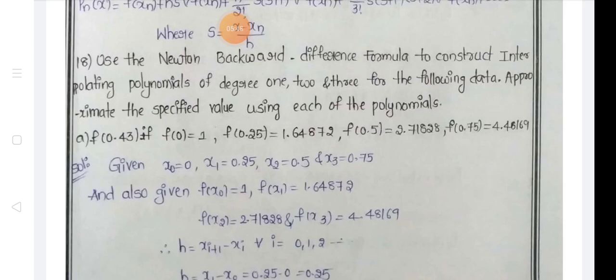Given f of 0 is equal to 1, f of 0.25 equals 1.64872, f of 0.5 is equal to 2.71828, f of 0.75 equals 4.48169.